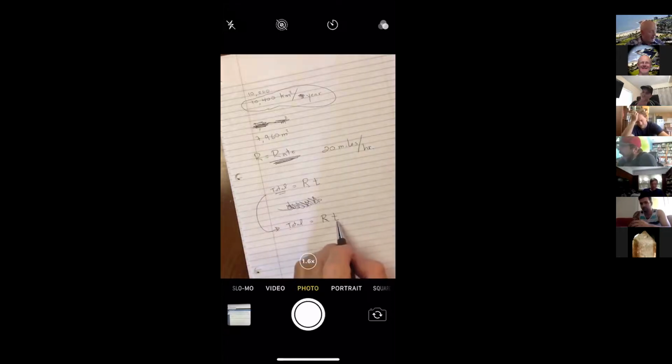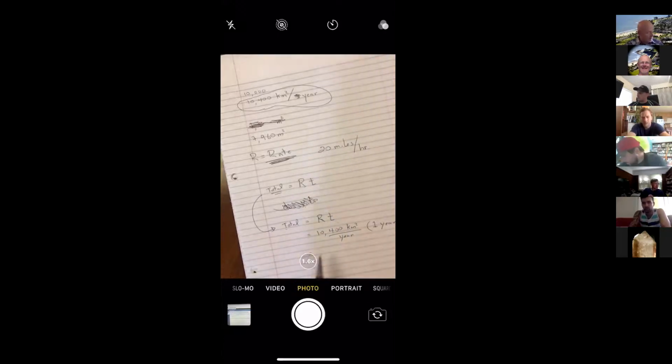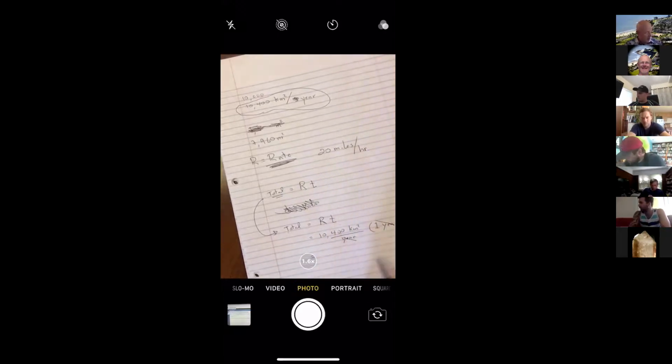So if we put in a time of 1 year, with a rate of 10,400 square kilometers per year, the years would cancel, and in 1 year's span we would have destroyed 10,400 square kilometers.